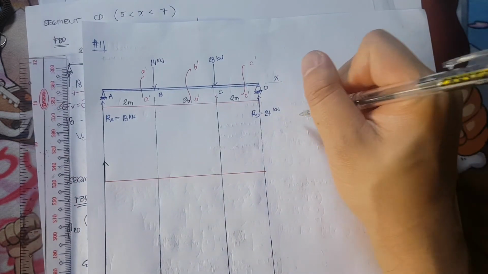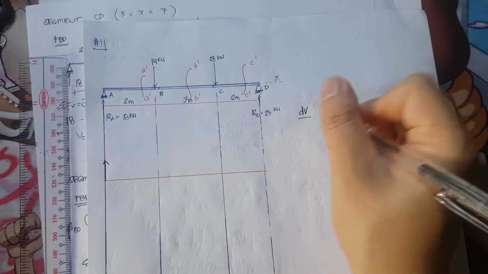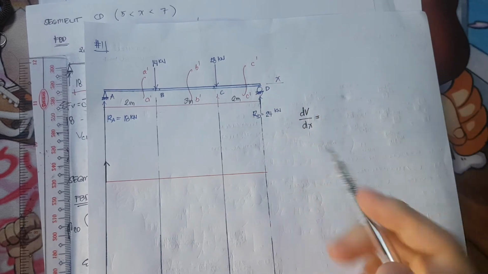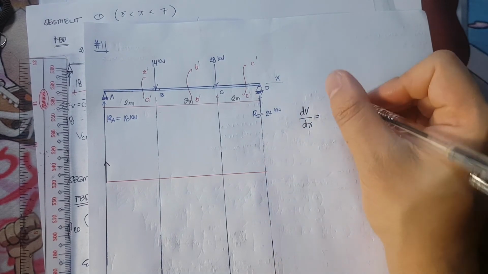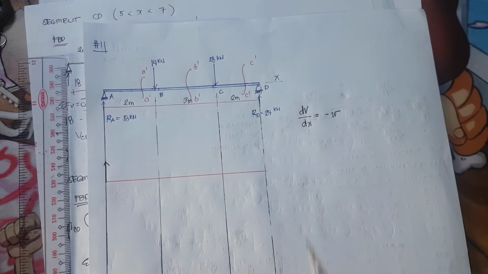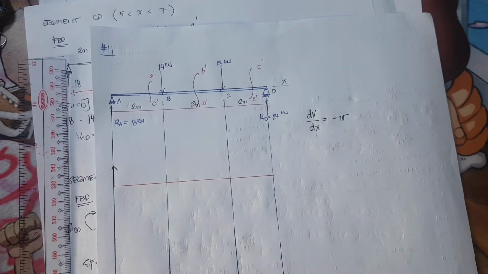So we all know that the derivative of the shear with respect to x, or it is simply the slope of the shear diagram, is equivalent to negative W. What is negative W? It is negative of the load. Okay?